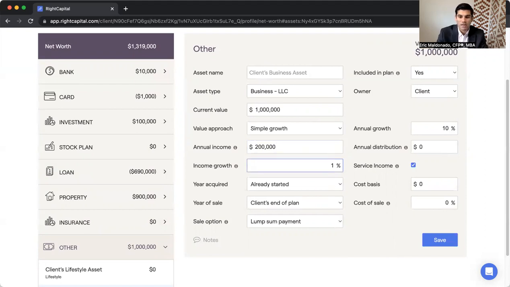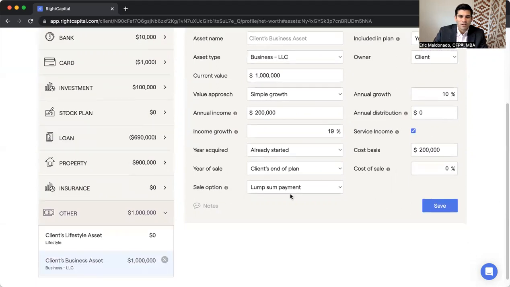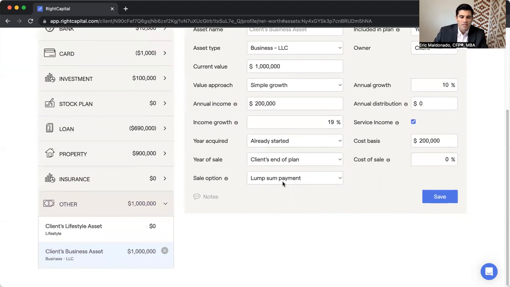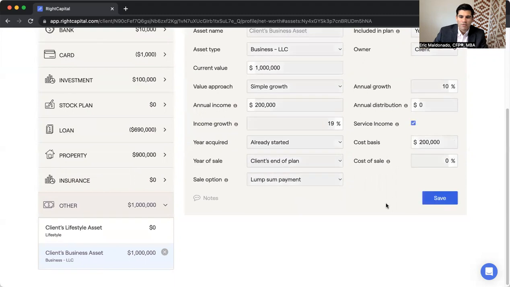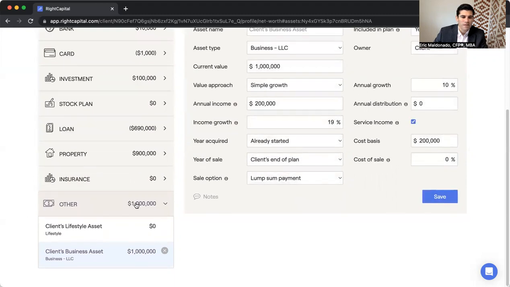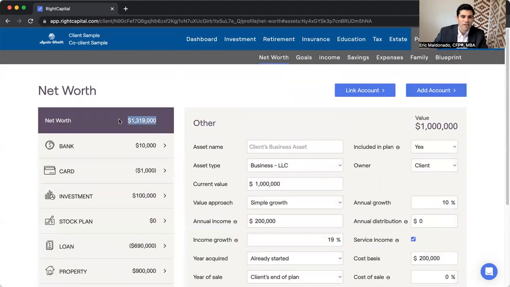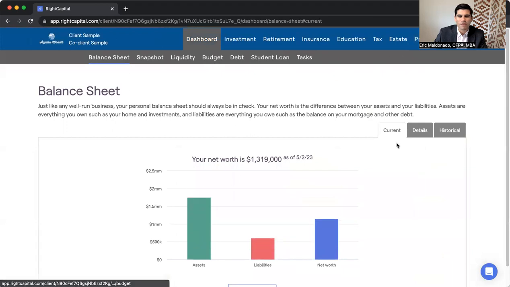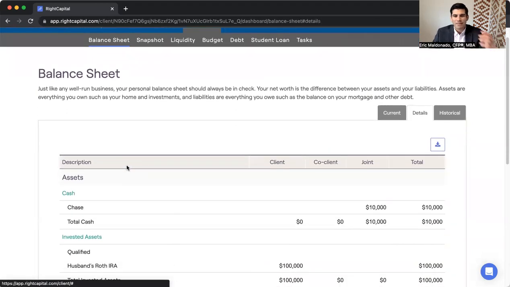Growth, 10%, cost basis, we'll say $200,000. And then when is it planning on selling, things like that. That's for projections for the future, but at least for now, it shows the valuation up here. And that's really it. That's as basic as it needs to be for figuring out what your family balance sheet is.